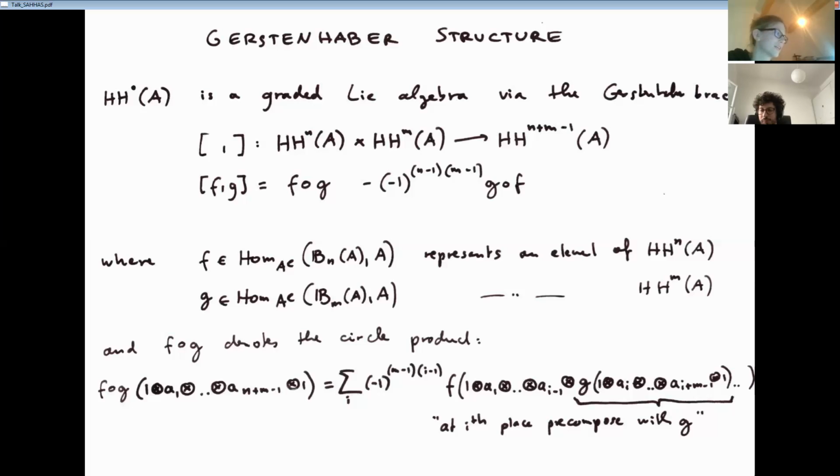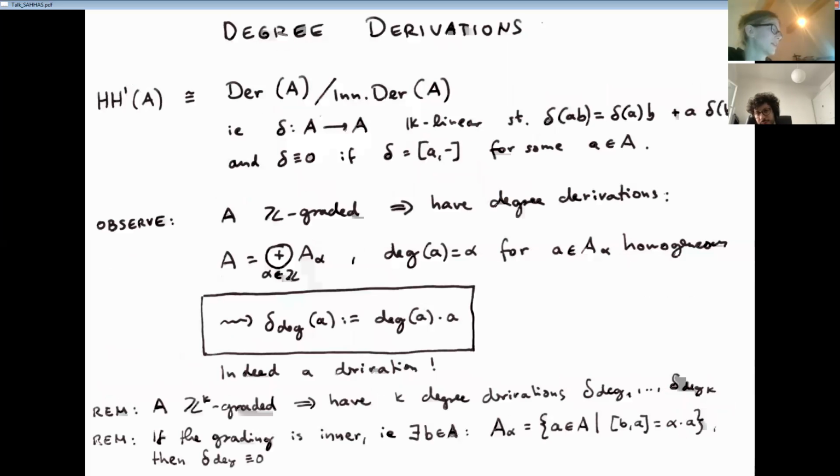The circle product works by taking one of these tensor monomials and plugging in first g applied to m tensor factors and then f applied to everything else. And again, everything is very bar complex heavy, so computations get very messy very soon, even though this is a very nice structure in general.